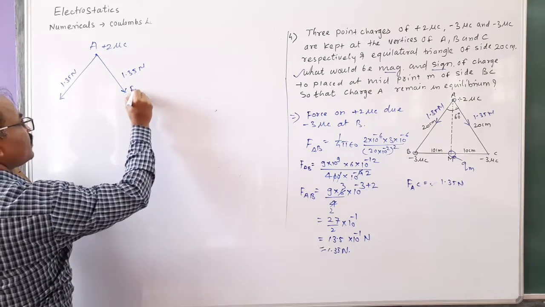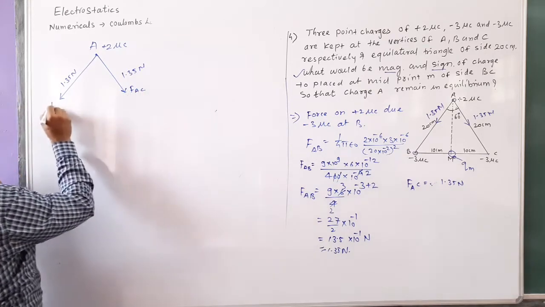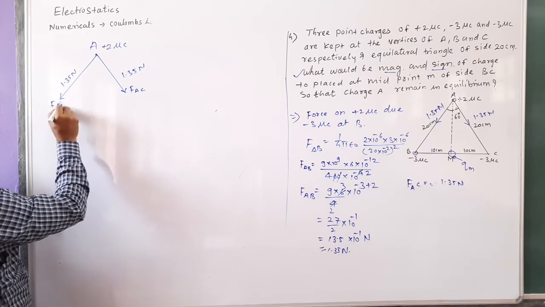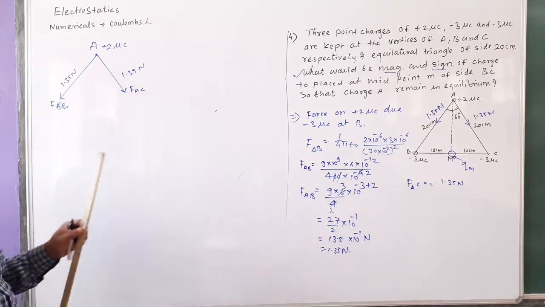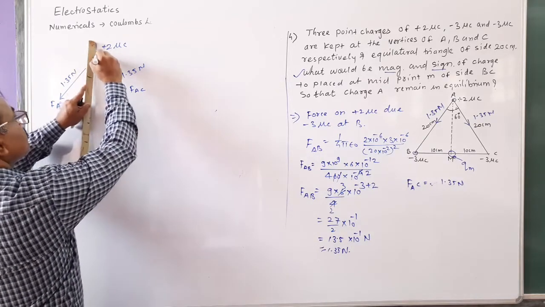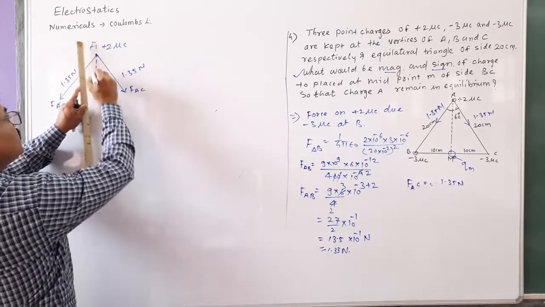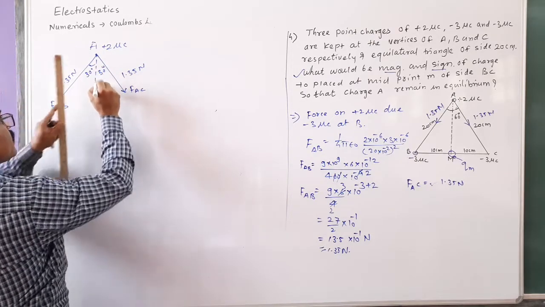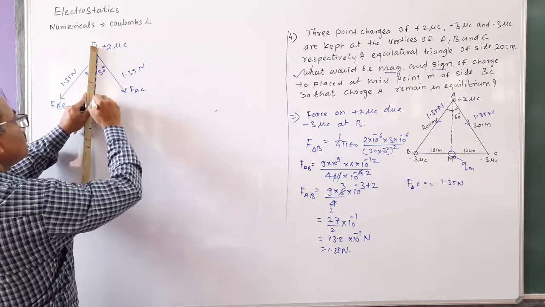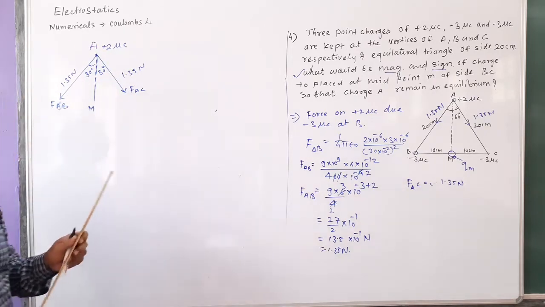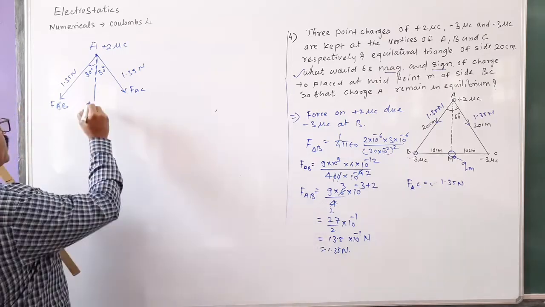This is F AC or F AB. These two forces are along these directions, and the angle between them is 60 degrees. So it gets divided into 30 and 30 degrees. So this third charge we have to place at a point M.